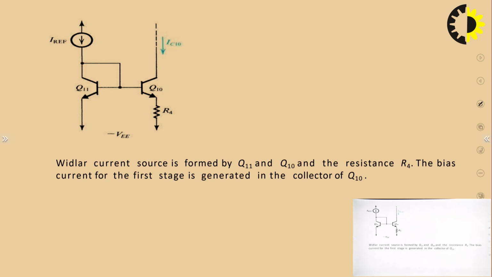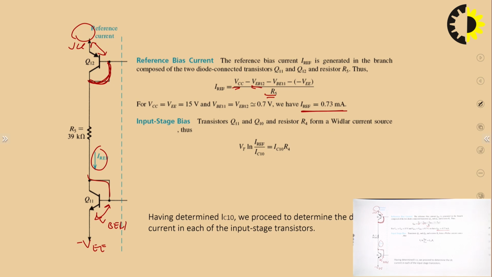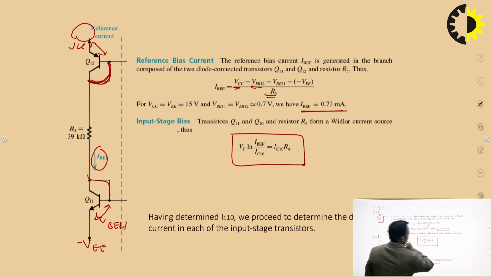Now, after this, Q11 and Q10 are forming a Widlar current source, and for the Widlar current source, this is the expression which we have already derived. Now there is no need for derivation, but you can remember this very easily.